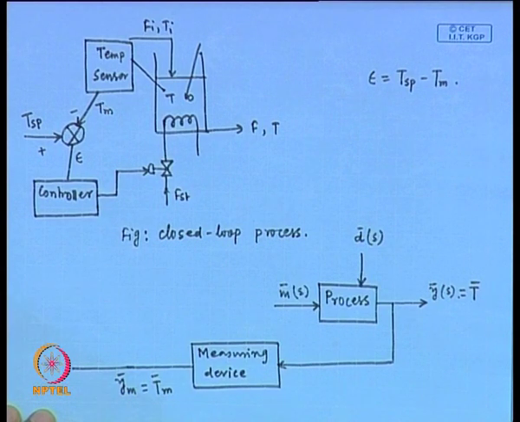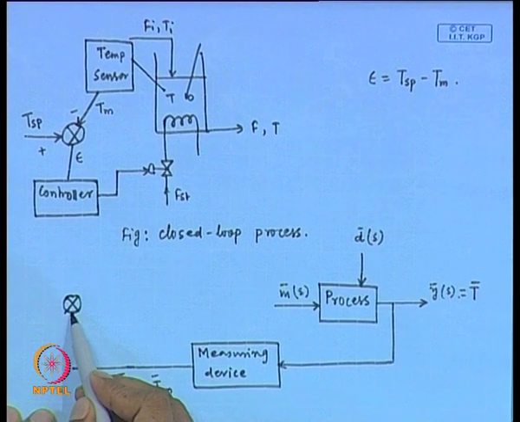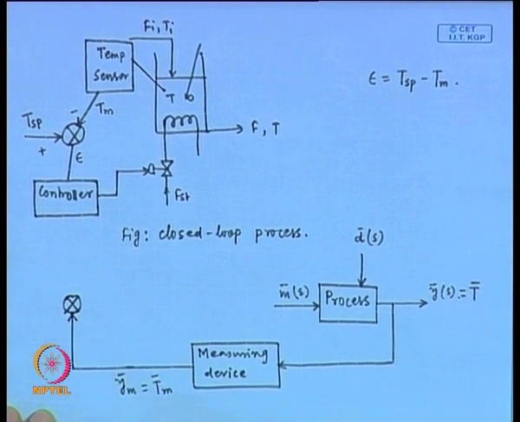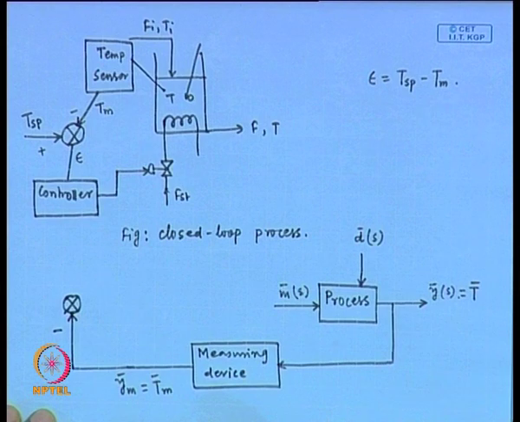Fine. Now, this measurement signal goes to the comparator and the sign is negative.